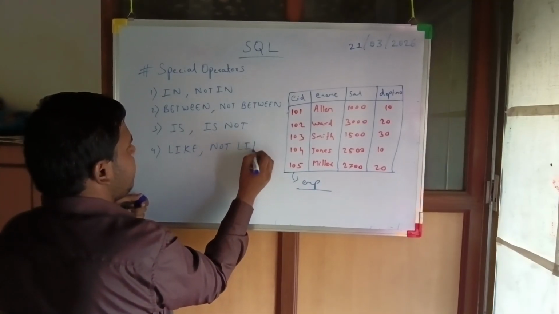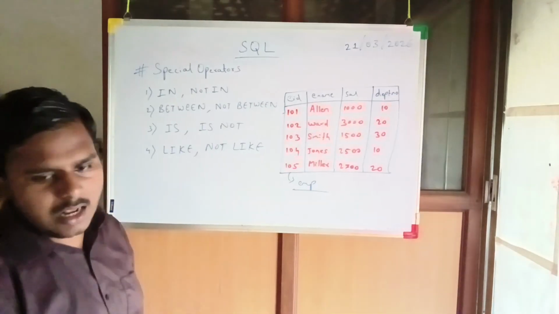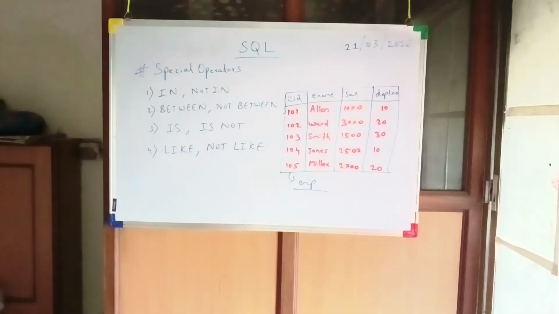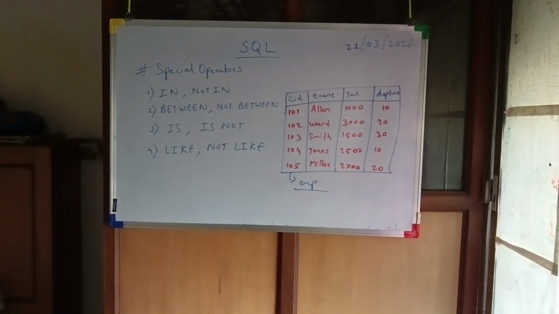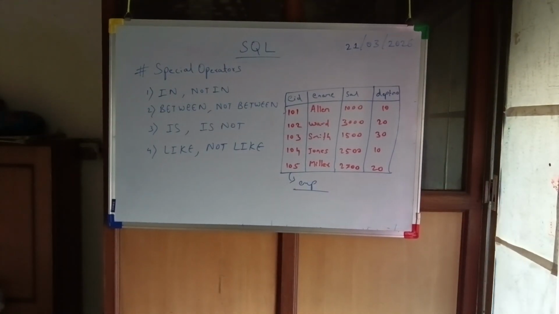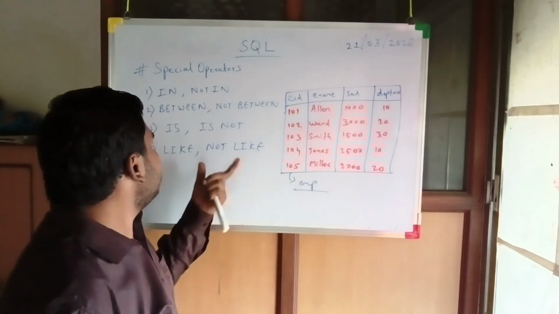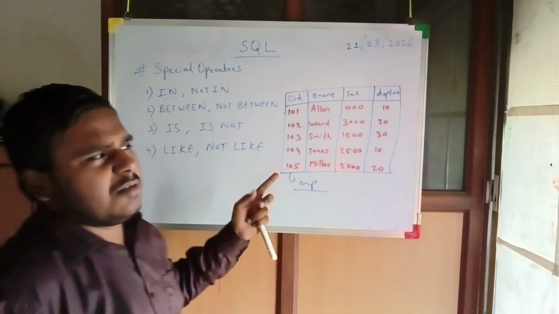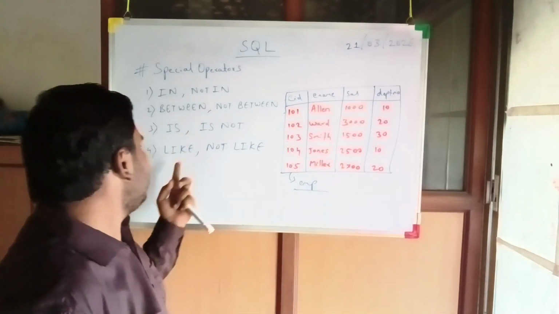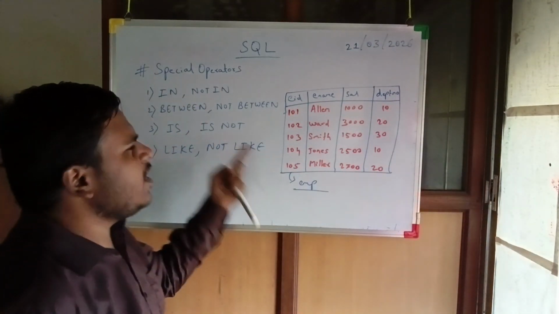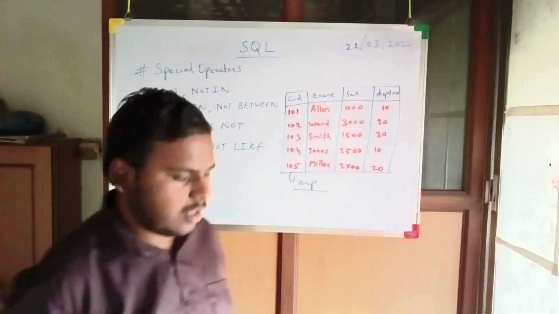Actually there are a total of 8 operators, but I am mentioning 4 because if you remember the 4 on the left-hand side, on the right-hand side you can simply remember the rest. Is the board visible? So the opposite of IN is NOT IN, of BETWEEN is NOT BETWEEN, of LIKE is NOT LIKE. But for IS, why IS NOT, why not NOT IS?